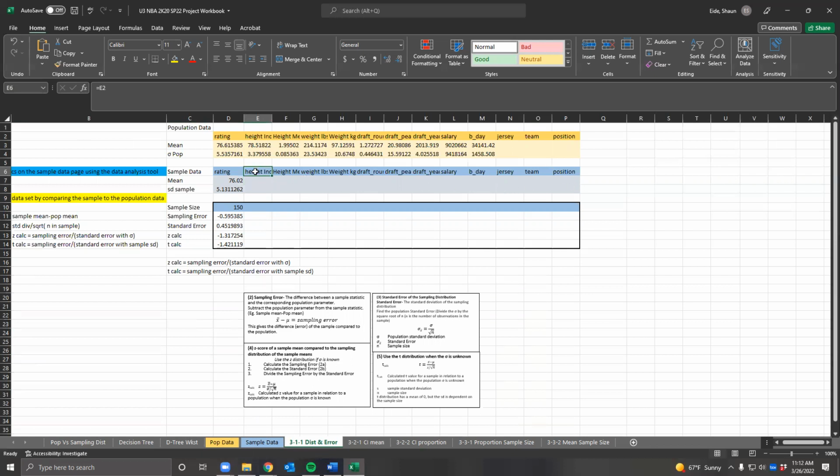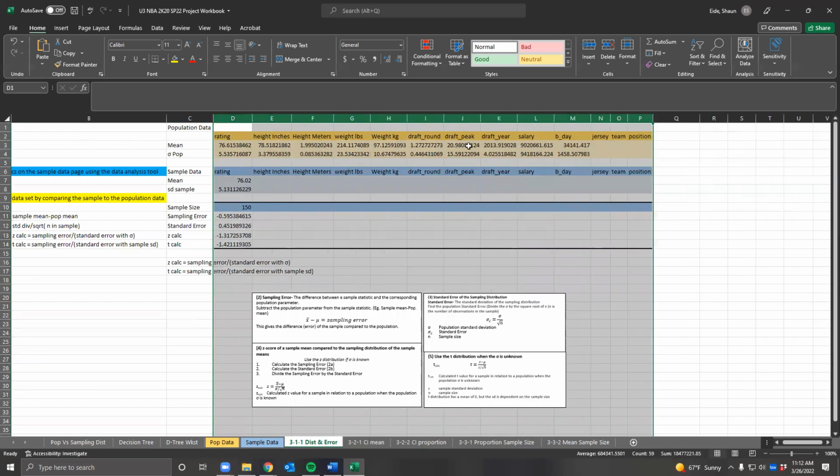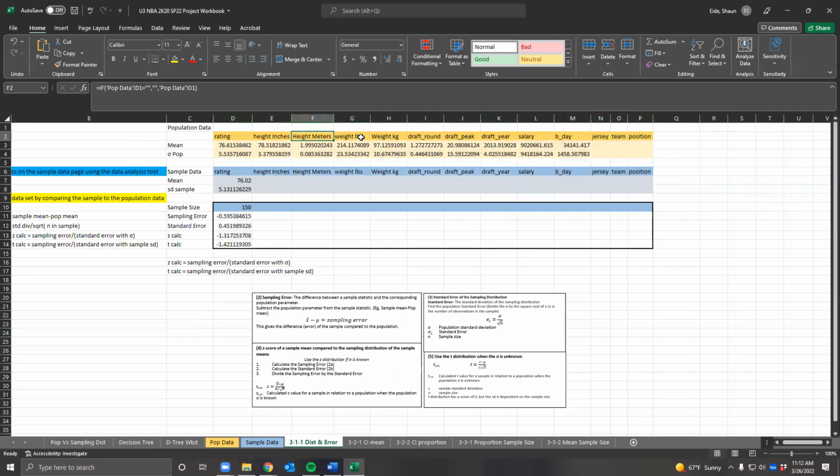And so we've got right here height in inches, height in meters, weight, pounds, kilograms, drafted round, draft peak, draft year, salary, and birthday. And so I put all the population information right up here, so that way you don't have to go back in and put the population information. And then right here, I want you to calculate the sample information.